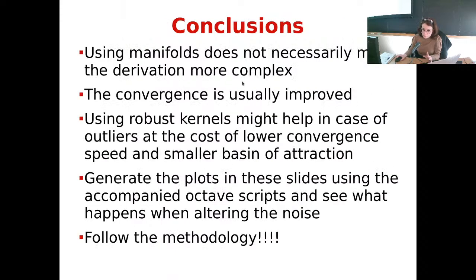So we can move to the conclusions and say that using manifolds does not make the derivation more complex. Indeed, we just introduced a vector to transform function in order to apply the perturbation rather than a regular minus. Convergence is usually improved. We have seen that in particular with a bad initial guess, convergence is much better when we use manifolds. We have seen robust kernels that again might help in case of outliers.